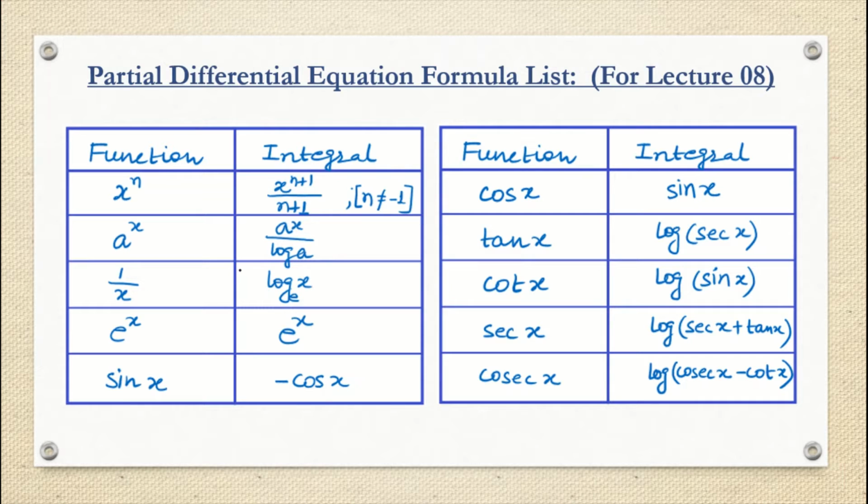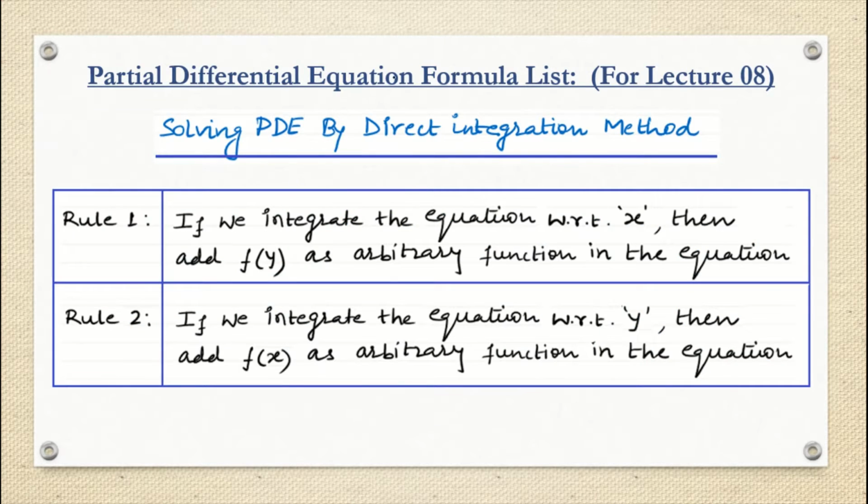And the second important point: if we see these types of questions, solving PDE by the direct integration method, we are going to follow these two rules. So what are the rules? We are considering that the function is z, which is nothing but a function dependent on x and y, two independent variables.